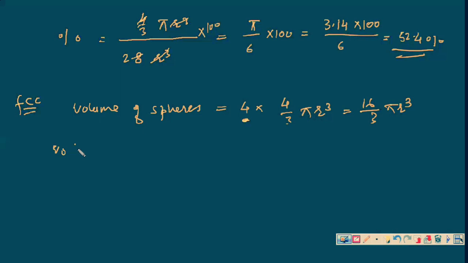Now the volume of unit cell. The volume of unit cell will be the same, A cube, and we know very well A is equal to 2 root 2 into R. So here A cube will be 2 root 2 into R whole cube.